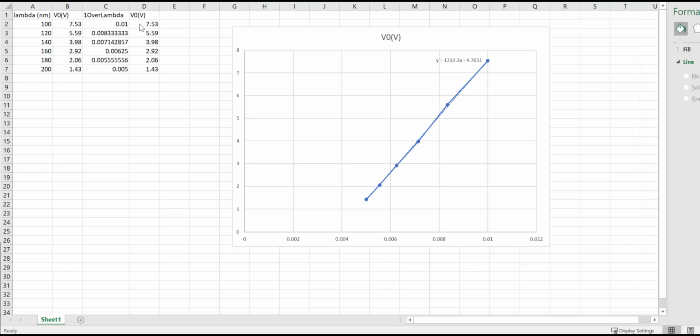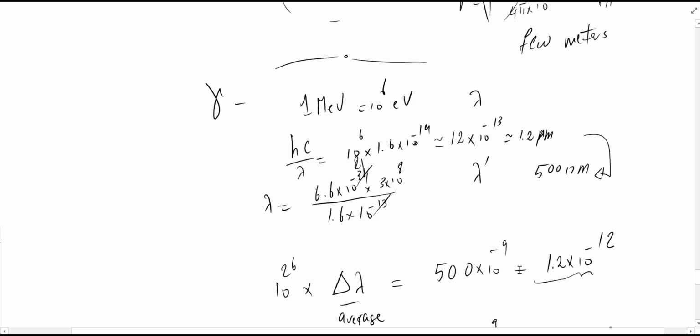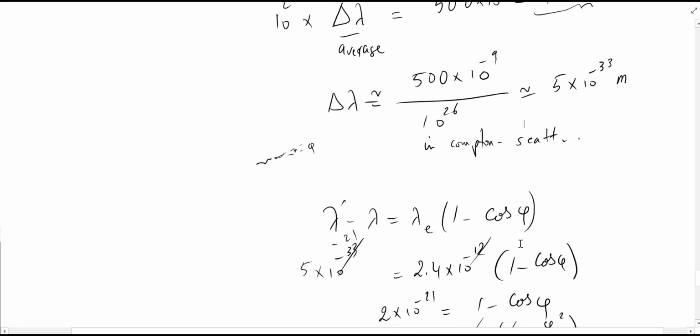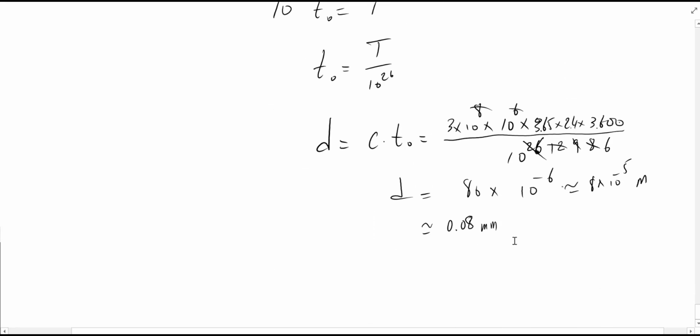The reason why I did 1 over lambda is because, if you see from the lecture, the stopping voltage, let me go into the notes in here quickly. So this is the discussion for problem 35.